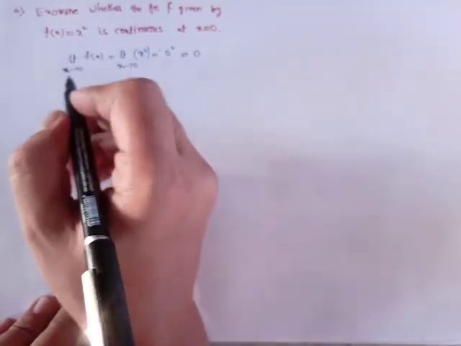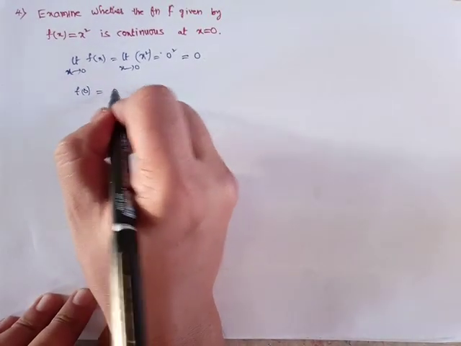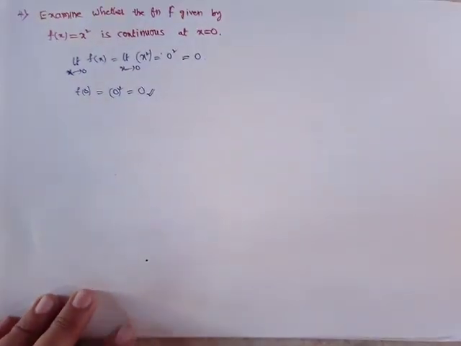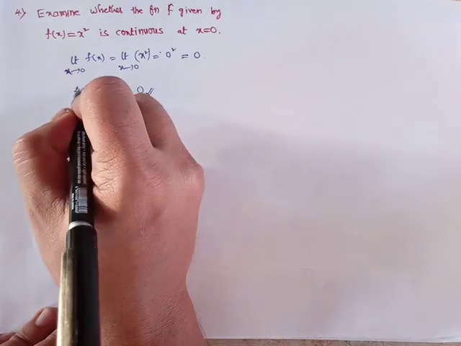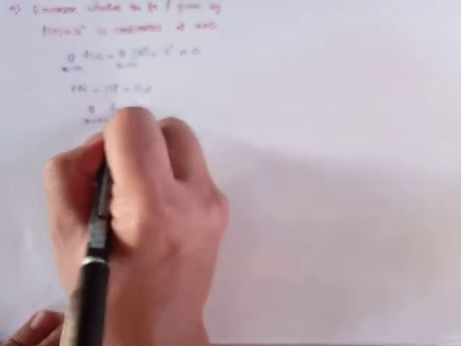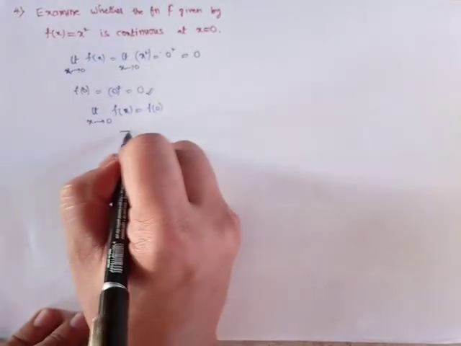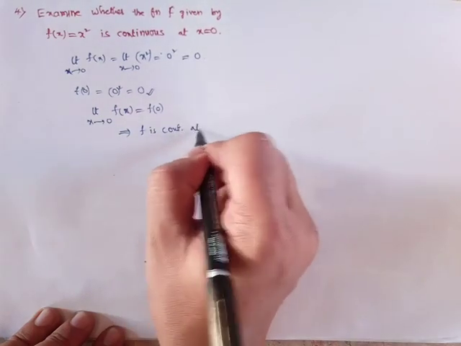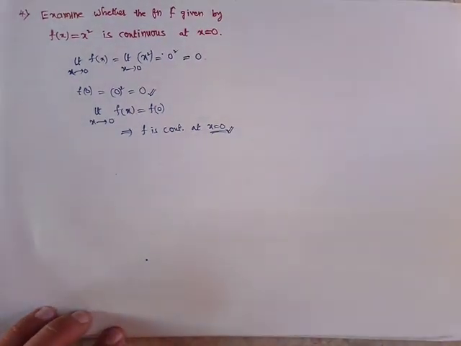And for the next one, f of 0 is nothing but 0 square, and 0 square is also 0. Now both these are equal to 0, so the limit as x tends to 0 of f of x is equal to f of 0. This implies f is continuous at x equals 0.